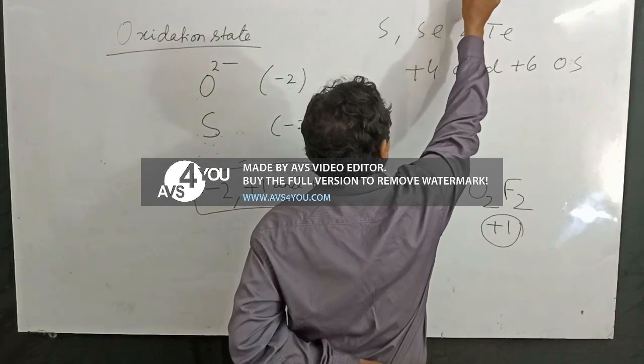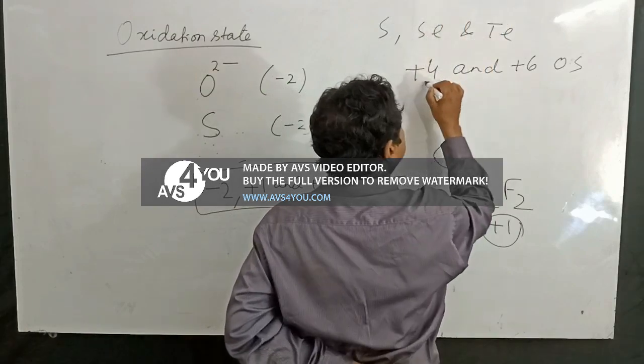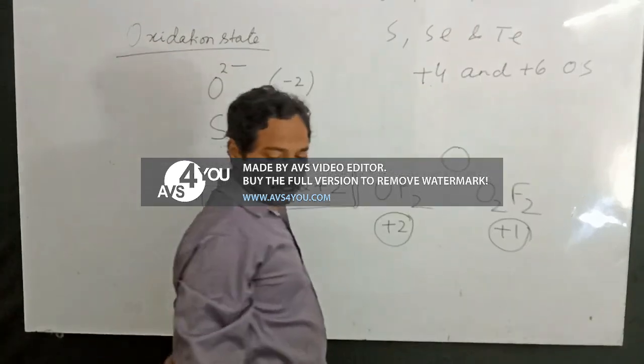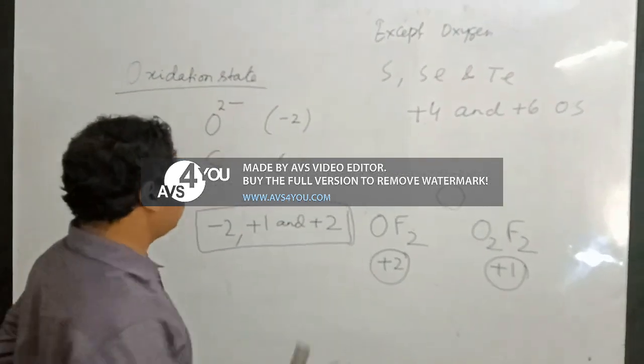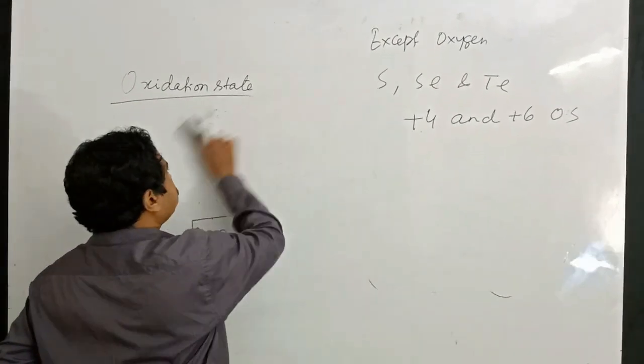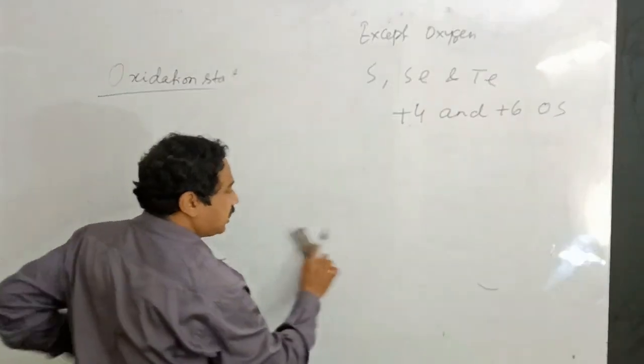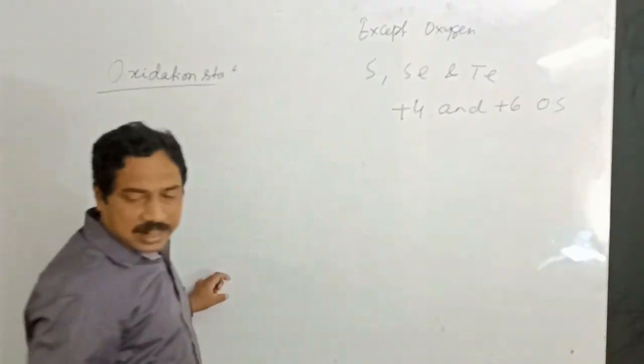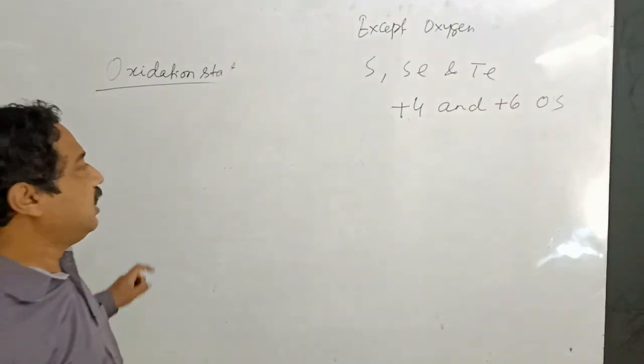Oxygen cannot show +4 and +6 oxidation states. Why is this so? In oxygen, there is an absence of vacant d orbitals in its valence shell.